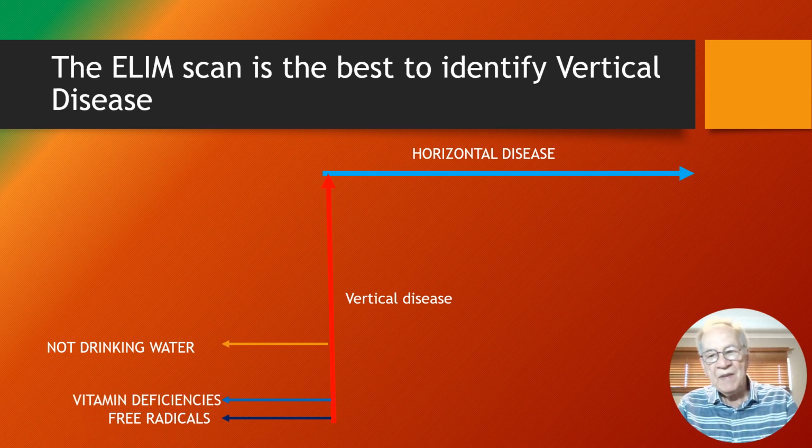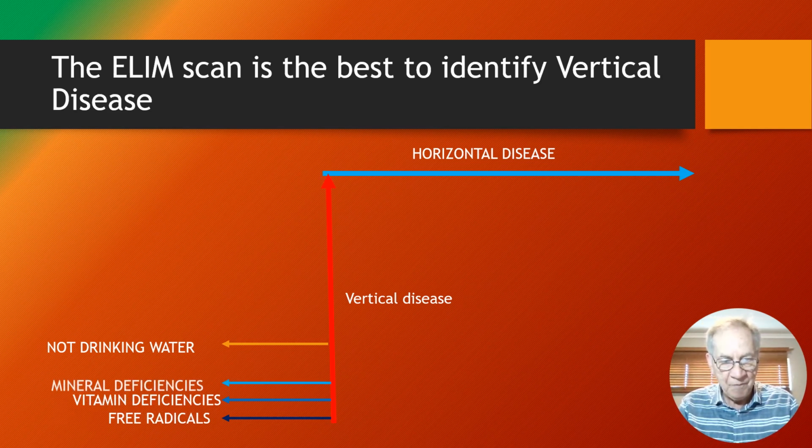Then the next step is vitamin deficiencies that contribute to disease if you are deficient of any vitamin, because all the vitamins are building stones to help your cells replicate. And if you're deficient, you will have a problem and you are on your way to disease, to horizontal disease.